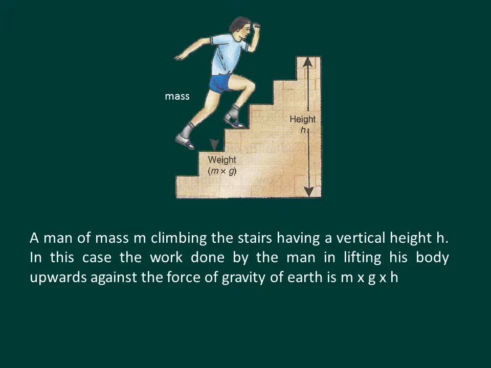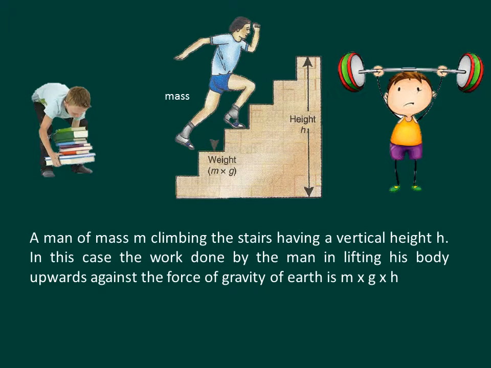Let us take another example. In lifting books from the floor, this man is doing work against gravity. Let us take one more example. In this picture, in lifting the weight, this weightlifter is doing work against gravity.